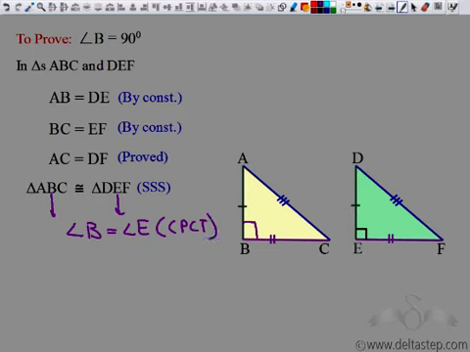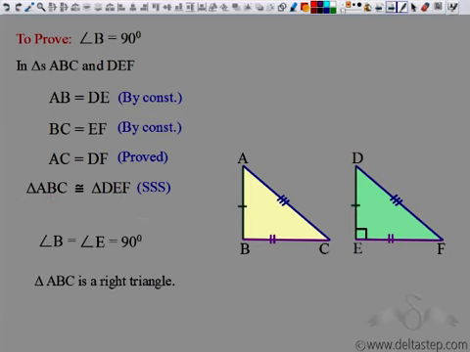Now angle E is already 90 degrees, so angle B would also be 90 degrees. So this is what I wanted to prove, that angle B is 90 degrees. Therefore, since angle B is 90 degrees, ABC is a right angle triangle. So if AB square plus BC square is equal to AC square, that would always be a right triangle.